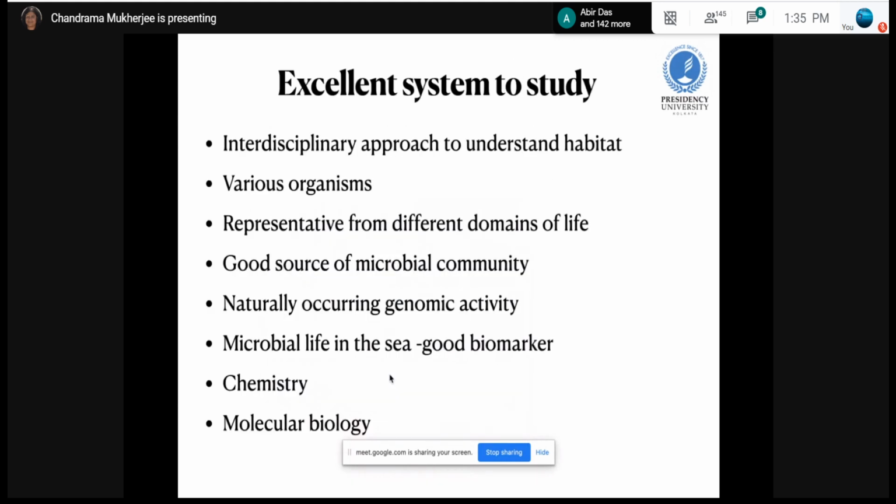So, marine biology is an excellent system to study. It is an interdisciplinary study of the life in the oceans and inland seas of the world. And this subject is on the threshold of an exciting new frontier of scientific discoveries and economic growth.